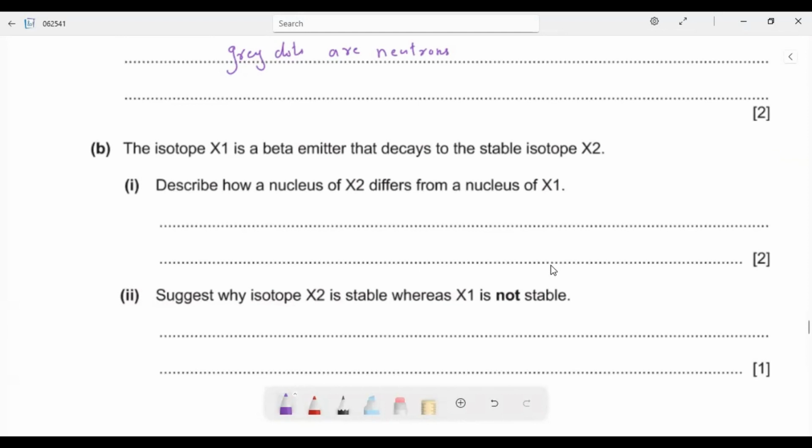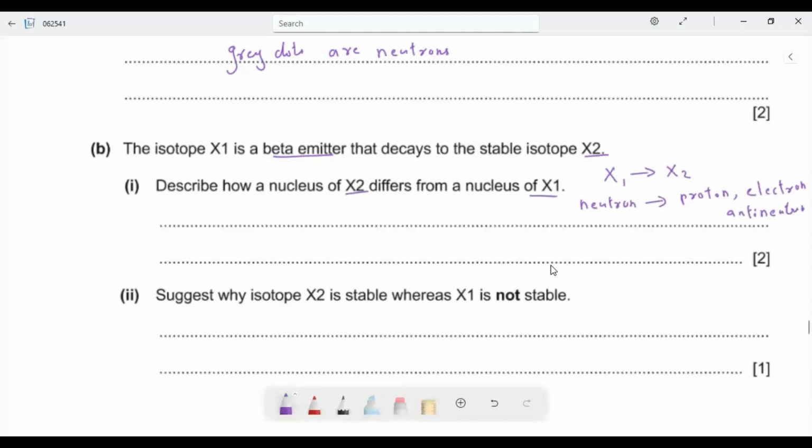The isotope X1 is a beta emitter that decays to a stable isotope X2. Describe how nucleus X2 differs from nucleus X1. So here X1 is a beta emitter. It decays to X2. When it is decaying, a neutron will be changed to a proton, one electron and one anti-neutrino.